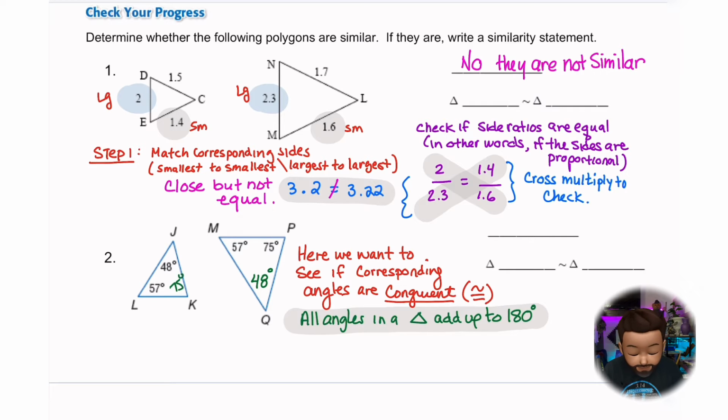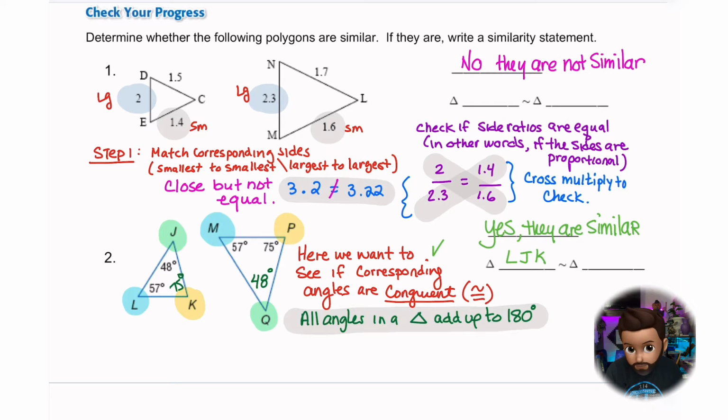So filling in the missing angles here, we get 75 degrees for the smaller triangle and 48 degrees for the larger. Now we can match angle to angle, the corresponding congruent angles, and we can determine that yes, all three angles are congruent to the other three angles, the triangles are similar, and we match the corresponding triangle statement in order in the same way we would the corresponding parts.